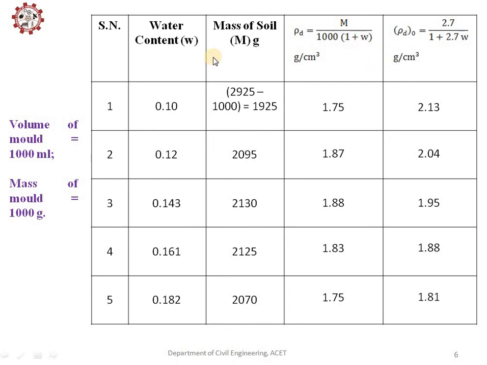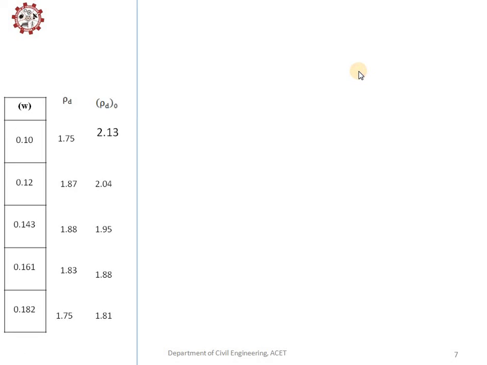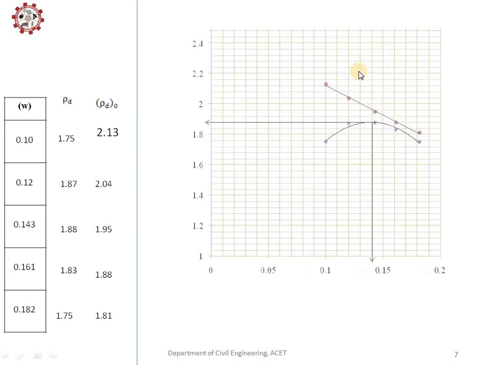First we need to plot a graph between water content and gamma D. Here you will get a curve, and secondly you will plot a graph between water content and gamma D0 for the zero air void line. By calculating all the values you get this graph.